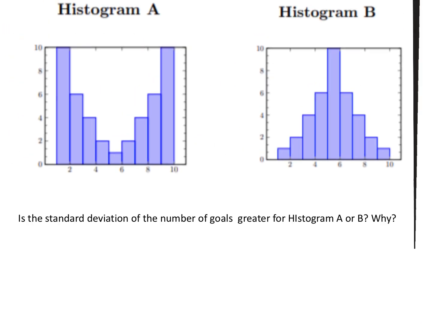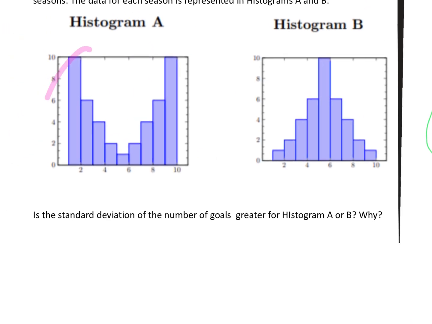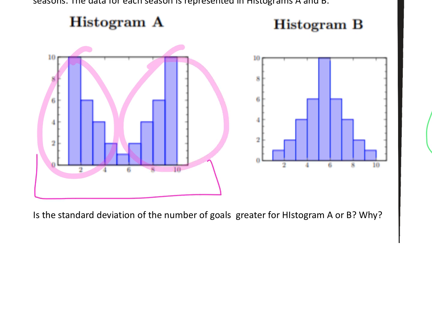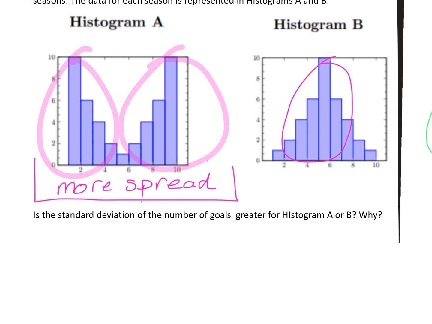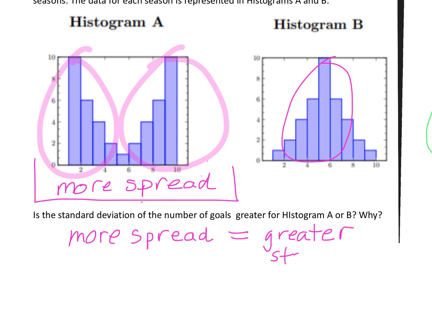So let's apply it to our problem that we have here. Notice this one is more spread because this one is clustered around the middle. So more spread equals a greater standard deviation.